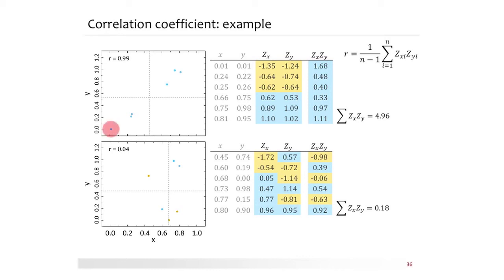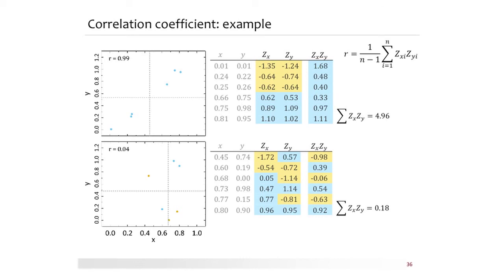The first point here is to the left of the mean in x and below the mean in y. So you have a negative number here, a negative number there. You multiply them, you get a positive number. And so on. These are always negative both in x and y, and these are always positive both in x and y, because these two things are correlated. So in this sum, there is a sum of positive numbers, which will give you a high number.